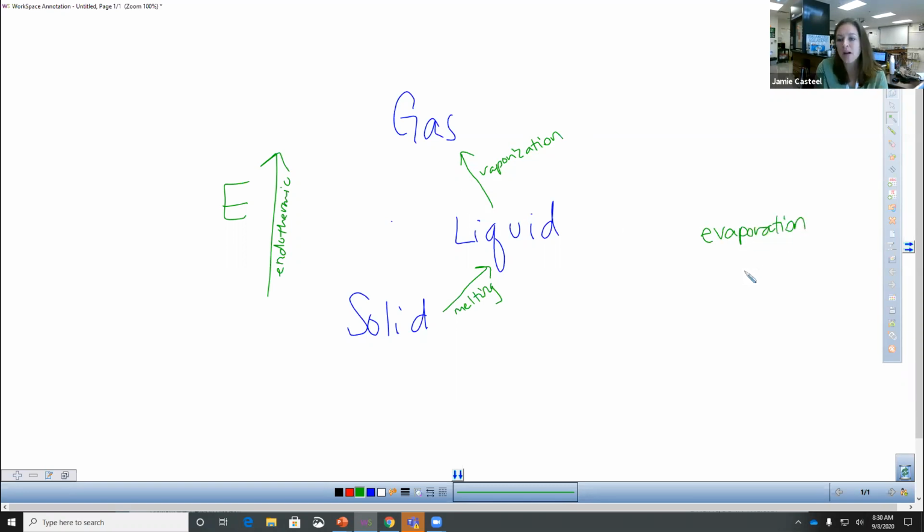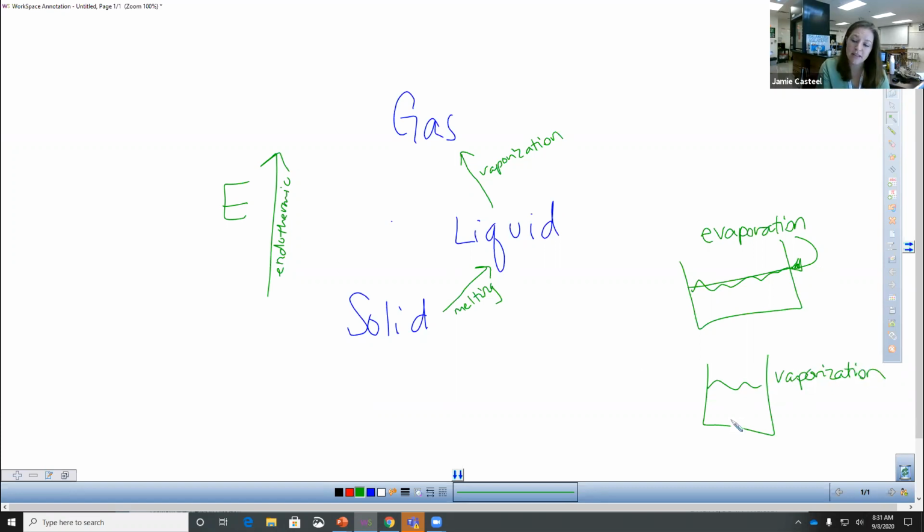Evaporation is a phenomenon that happens, let's say this is the top of the water, only to the top layer. Evaporation happens layer by layer. So that's why if there's a puddle outside, it's going to evaporate layer by layer by layer. Boiling is different. Vaporization is different. Vaporization is the whole thing boiling from bottom to top.